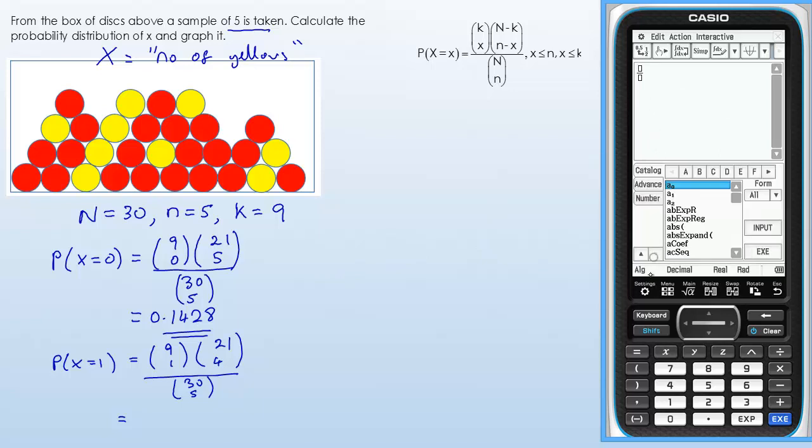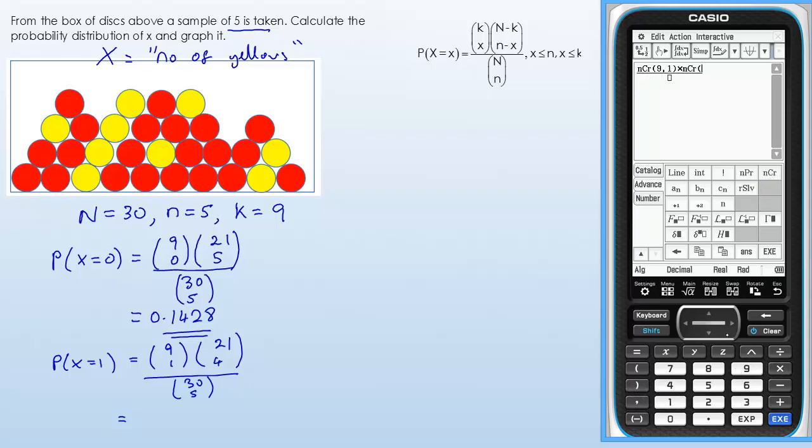But just to show you where we find these things, and I think it's in advance. There we are, NCR, and we'll put 9,1 in there, and we'll multiply by NCR 21,4, and in here we'll have NCR 30,5.